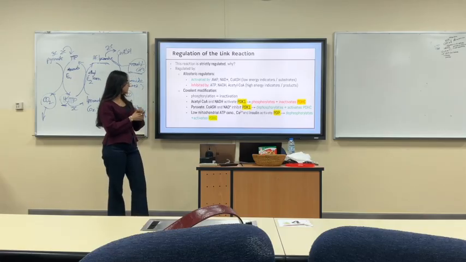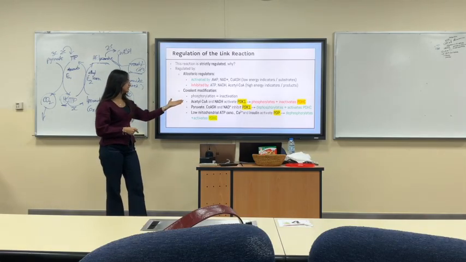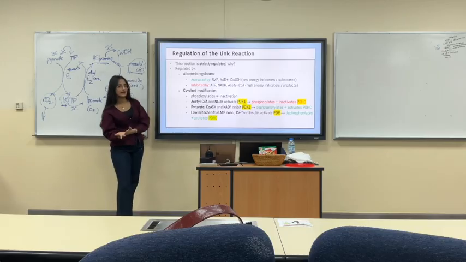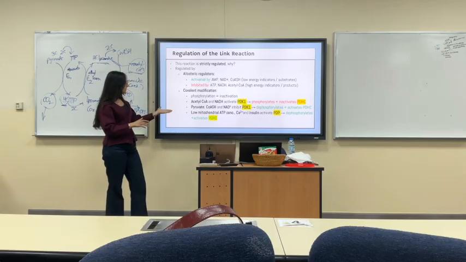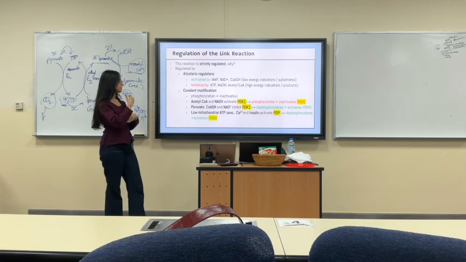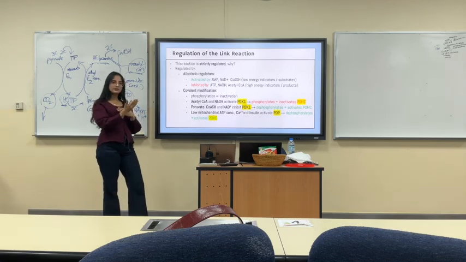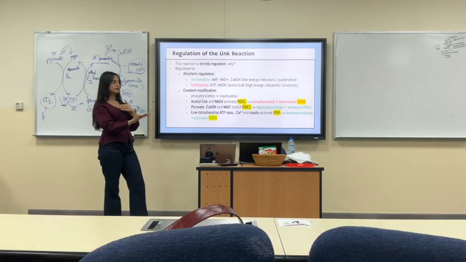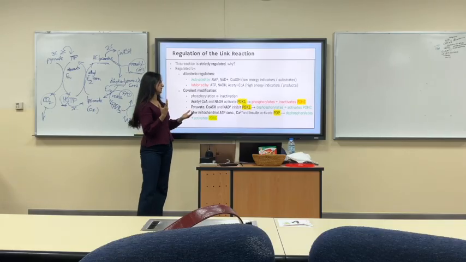Here, acetyl-CoA and NADH, as we mentioned, are products, so they will activate pyruvate dehydrogenase complex kinase 1, which will phosphorylate the enzyme, and when it's phosphorylated, it's inactivated. Pyruvate, coenzyme A, and NAD are reactants, so they will inhibit this kinase, therefore we will not have phosphorylation, and the pyruvate dehydrogenase complex will remain active.